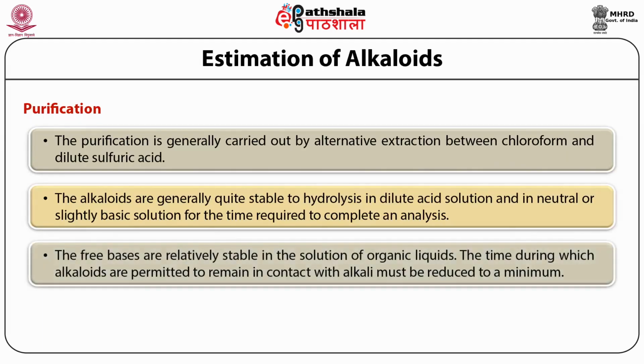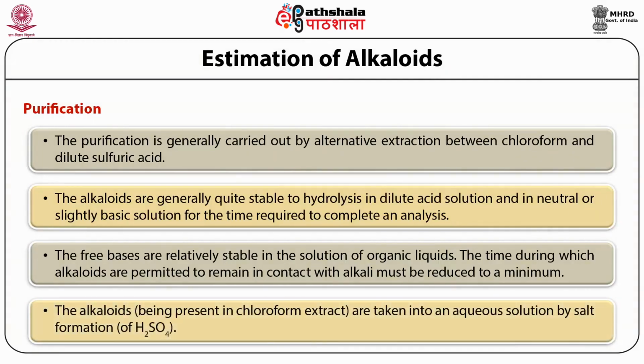The free bases are relatively stable in solution in organic liquids. The time during which alkaloids are permitted to remain in contact with alkali must be reduced to a minimum. So the alkaloids are taken into aqueous solution by salt formation, like sulfate salts.